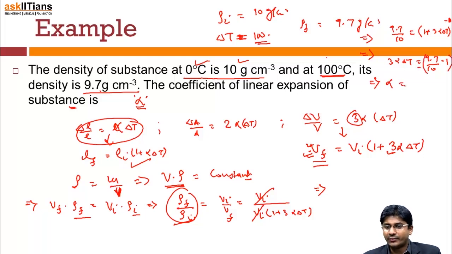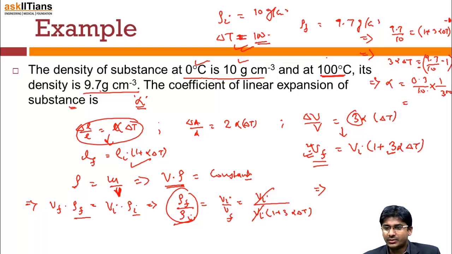So the value of alpha is 1 minus 9.7 by 10, that is 0.3 by 10, divided by 3 times delta T. Delta T is 100, so it is 0.3 by 10 into 1 by 300.